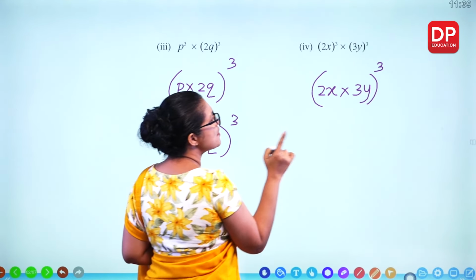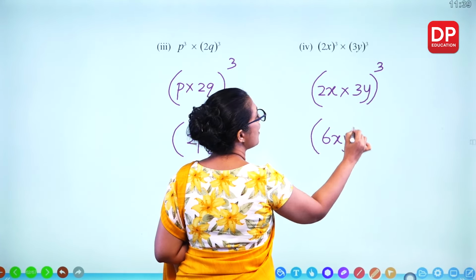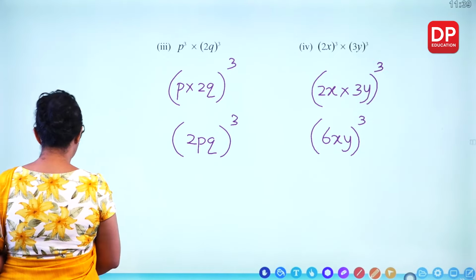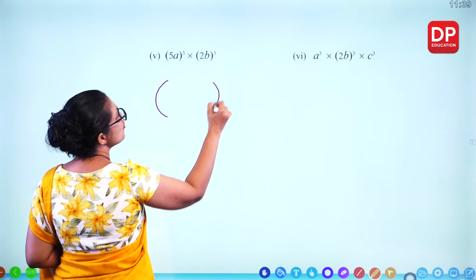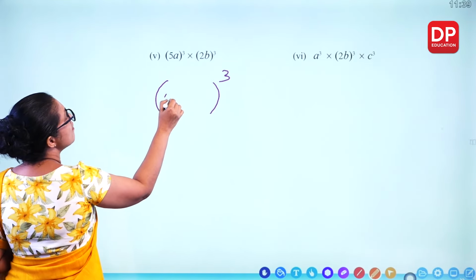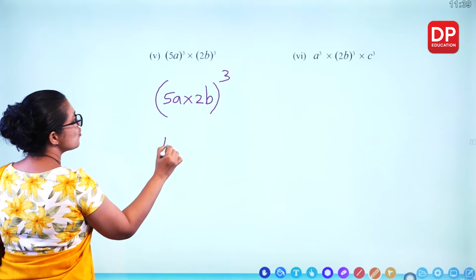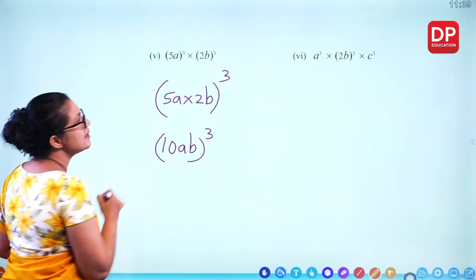So 2 times 3, I can write 6, (6xy) to the power 3. Power 3 is the same, so you can write power 3 there. 5a and 2b. 5 times 2, 10. (10ab) to the power 3.